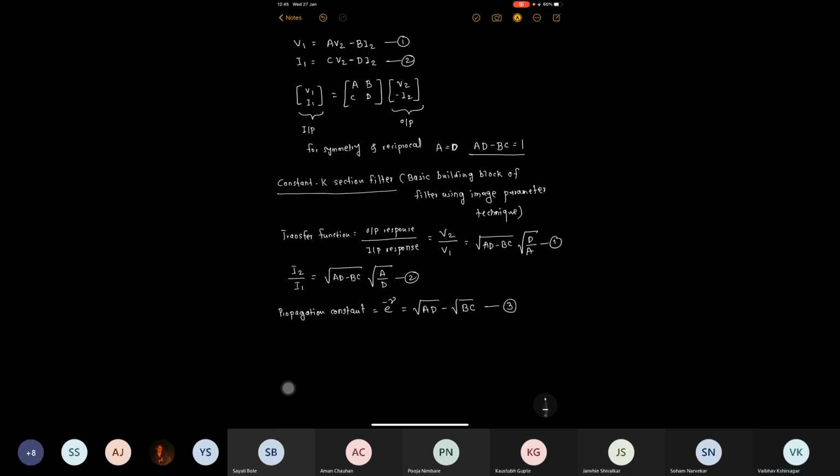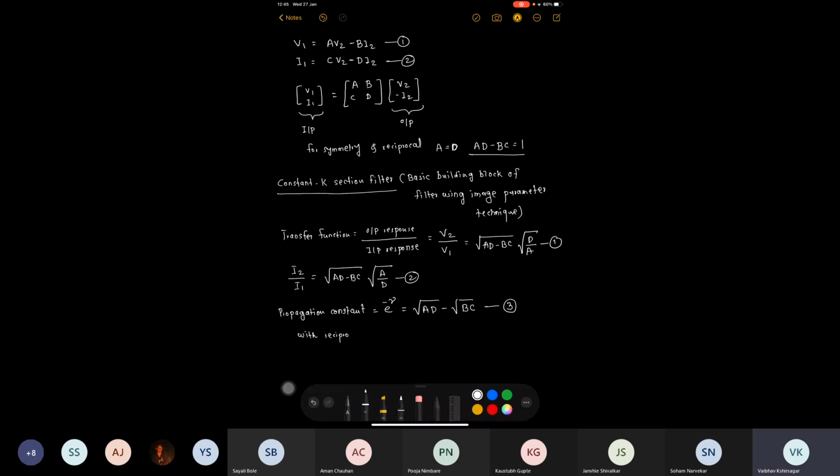So with the reciprocity property again, with reciprocal property, what can we write?